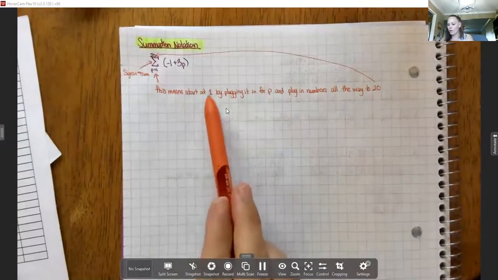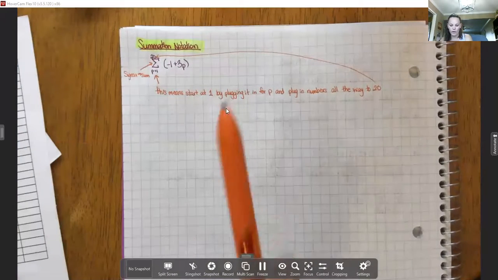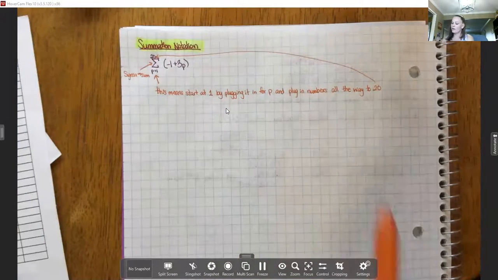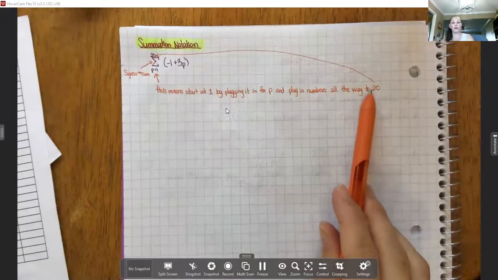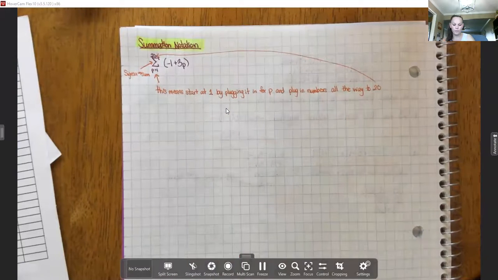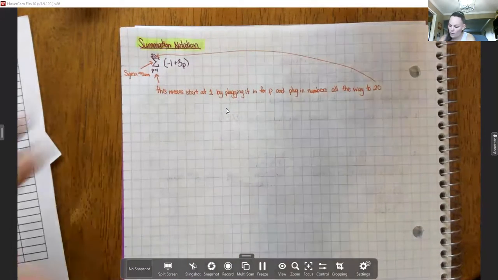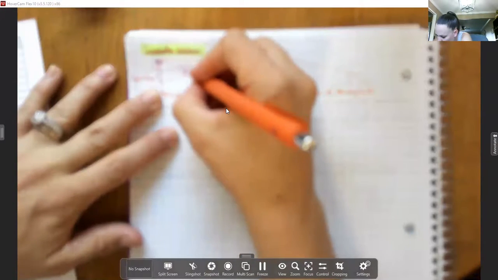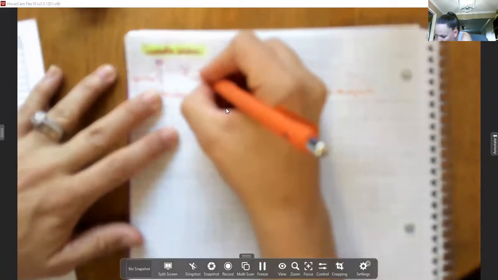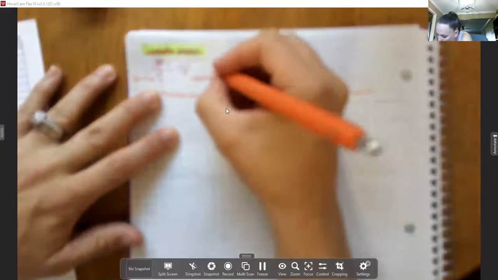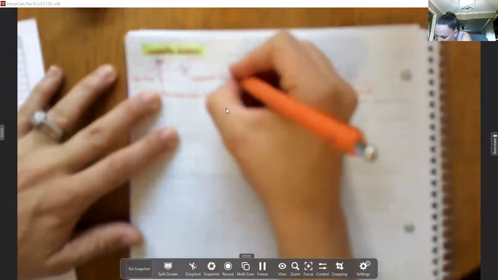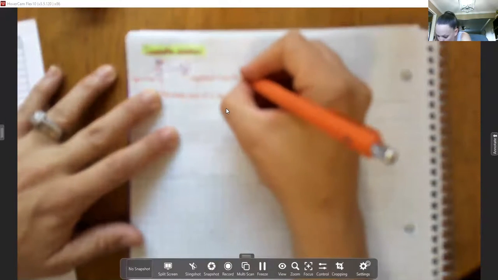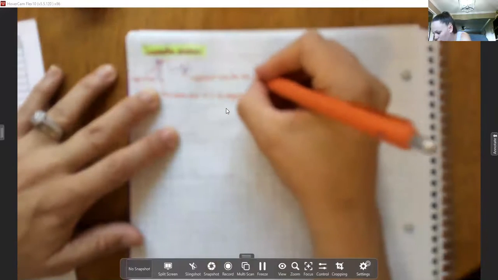So you start at 1, you plug in 1, you plug in 2, you plug in 3, you plug in 4, 5. So you're just counting, going up by 1 all the way to 20 here. And this guy in the middle, or in the parentheses, is the argument, which is the rule for the terms of the series.